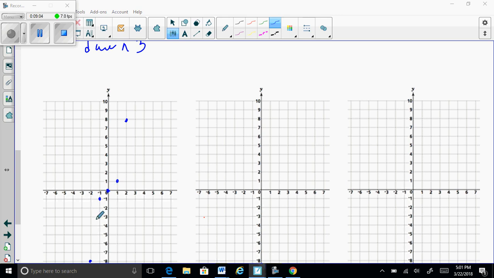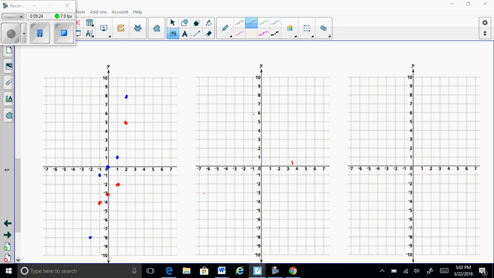Anyway, so it should look like this, but we're moving all our points down 3. So this guy goes down 1, 2, 3. This one's going to go down 1, 2, 3. Same thing with this one, and that one. And then this last one actually ends up off the graph slightly. And so we'll just draw this like this. There we go. And there you go. As long as you get the general shape and you're in the right place, it's fine.